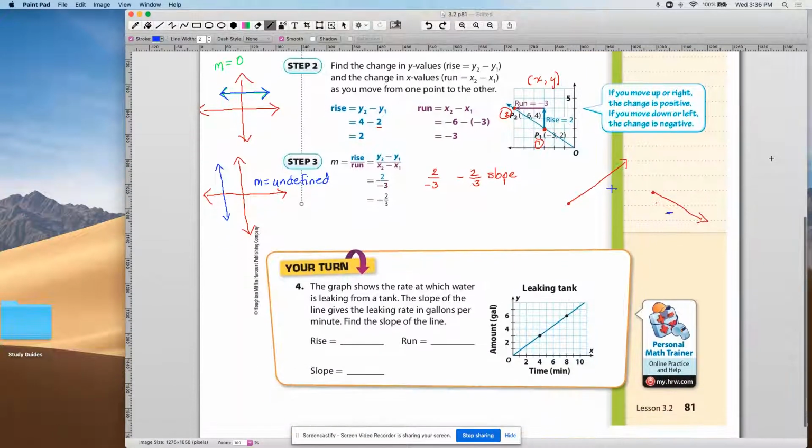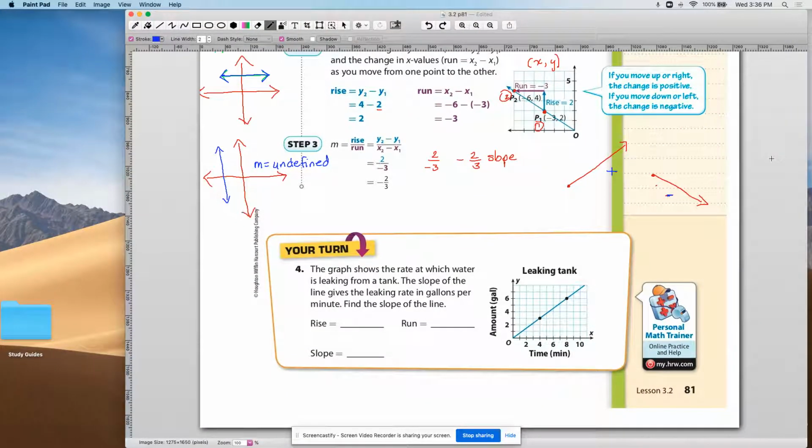All right, so we're going to take a look at your turn on number 4 on page 81. The graph shows the rate at which water is leaking from a tank. The slope of the line gives the leaking rate in gallons per minute. Find the slope of the line.